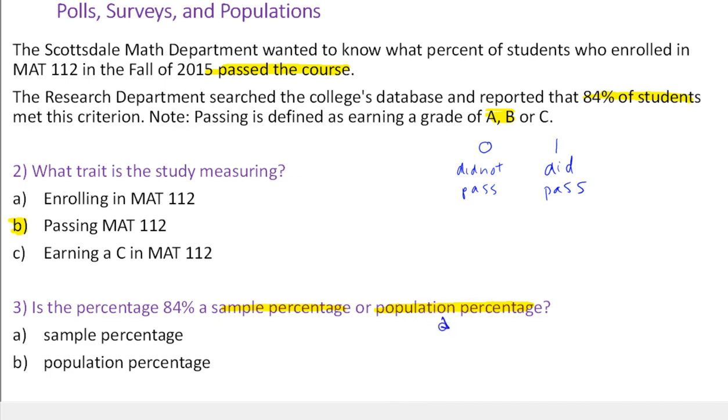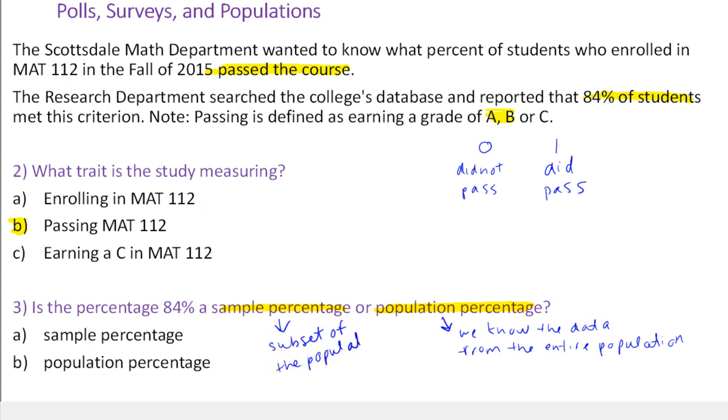It's a population percentage if we know the data from the entire population. And it's a sample if we looked at some subset of the population. For example, if 4 teachers taught the course and we only looked at one teacher's grades, that would be one subset.